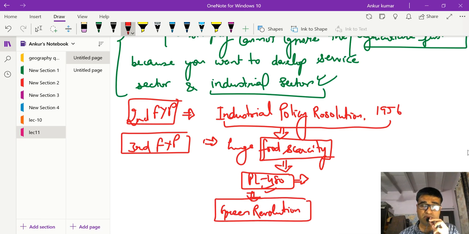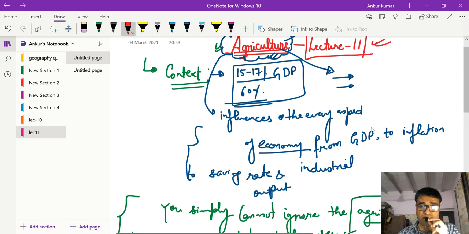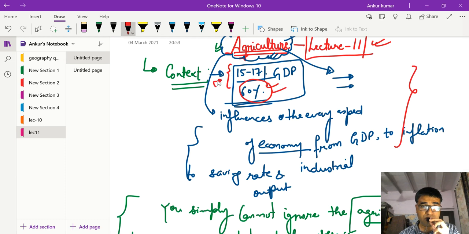So we have set the context here: agriculture plays a very vast role in our GDP and other macroeconomic parameters, and it employs huge labor. In addition, it makes a significant contribution to GDP, and this is mostly in the rural sector, so it is mostly a rural economy.